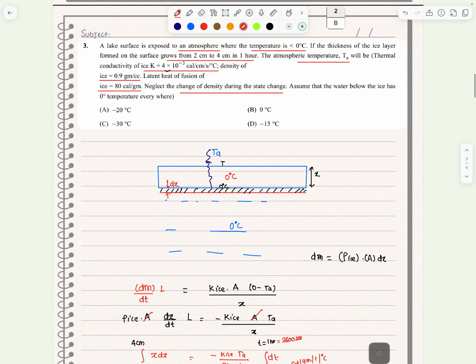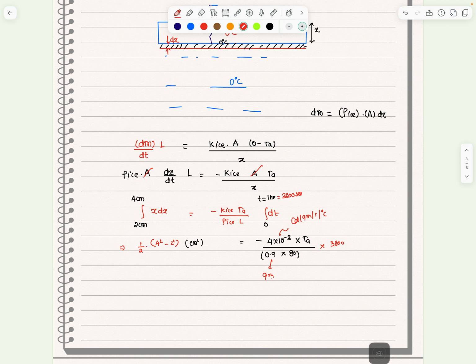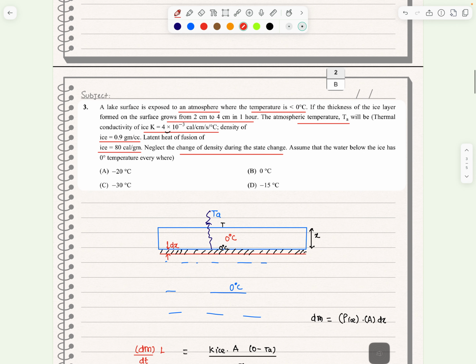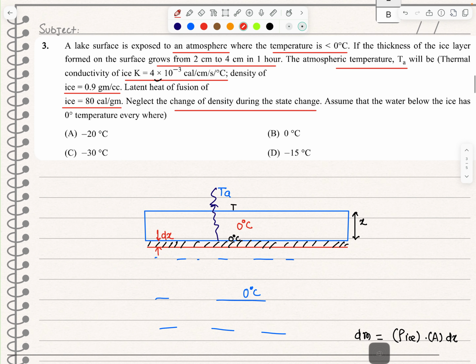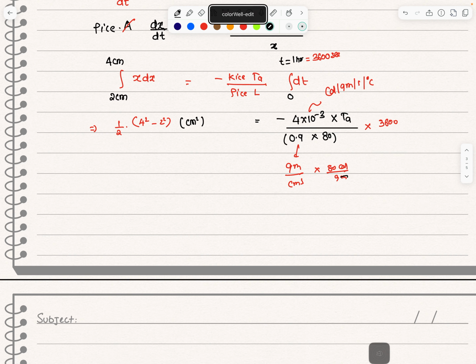Correct? Density of ice is gram per centimeter cube, and latent heat is 80 calorie per gram. So this gram gets cancelled, and the calorie term also gets cancelled.